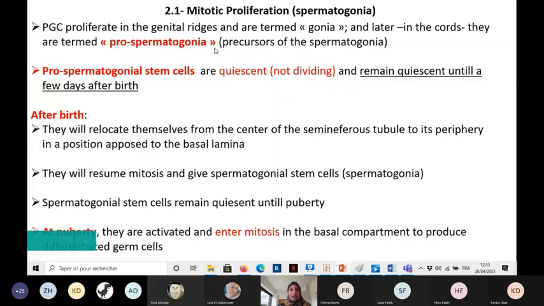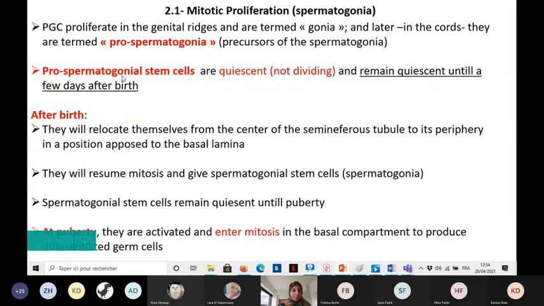The newborn will be born having those prospermatogonial cells, which are quiescent and not dividing, and they will remain quiescent until a few days after birth.